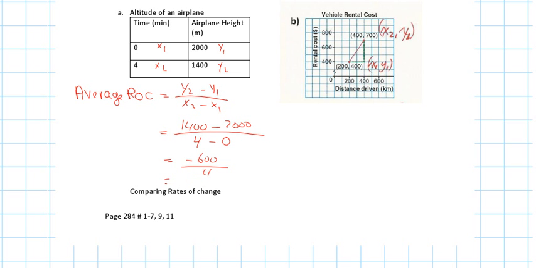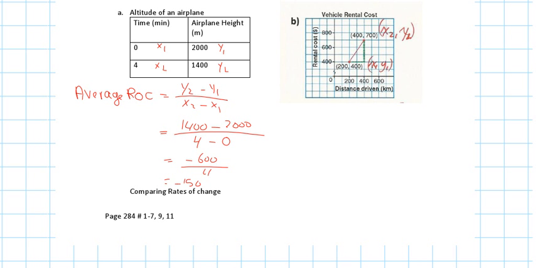Now, the difference between a slope and an average rate of change is that an average rate of change is going to have units. Okay? So if I'm doing y over x, what's the unit for y? Is it in minute? Is it in meter?